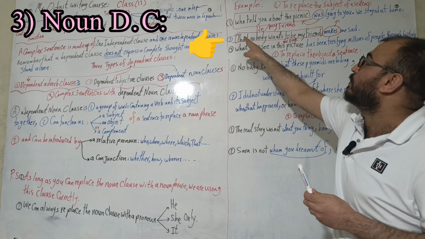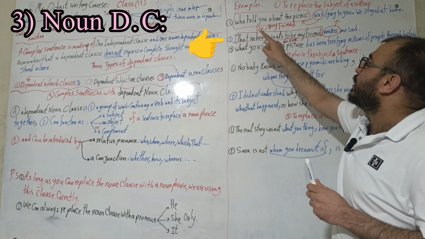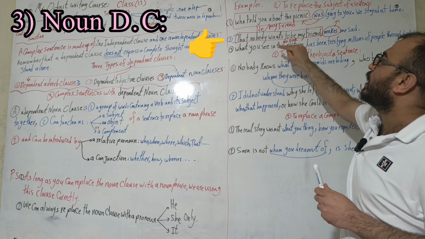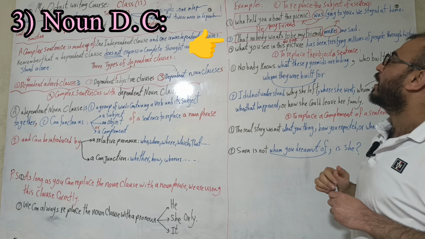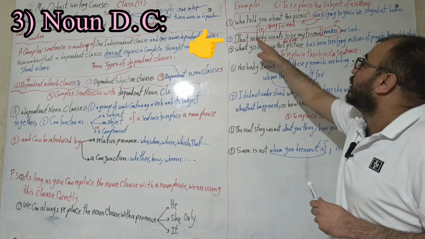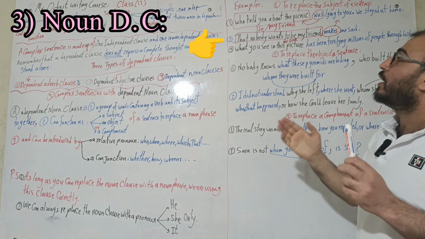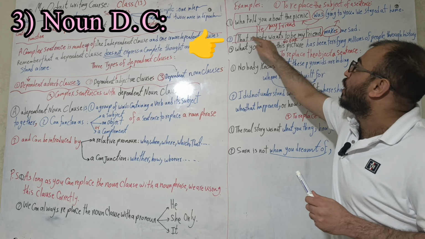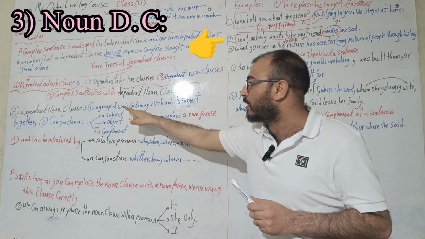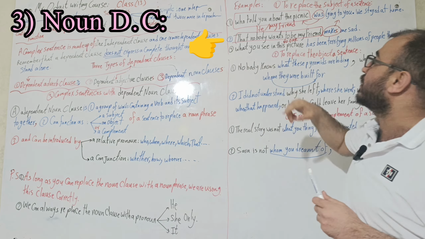As long as we can replace the dependent noun clause with a noun phrase, this means that this noun clause is being used correctly and in its proper structure. And here, my friends, what is the difference between "that nobody wants to be my friend" and "no one"? This is a noun clause because a clause is a group of words containing a verb and its subject.